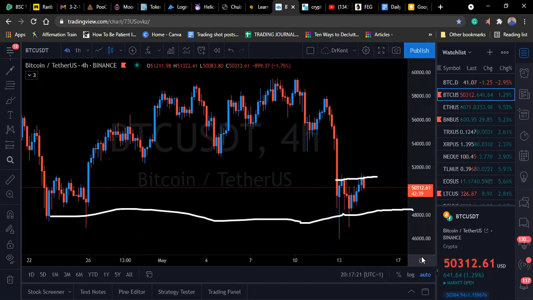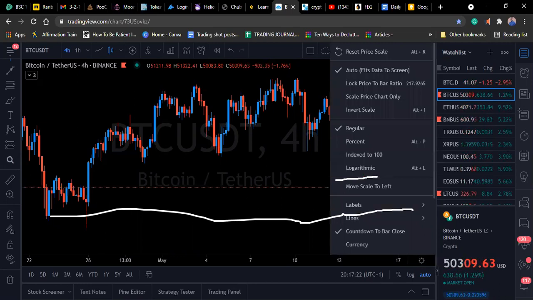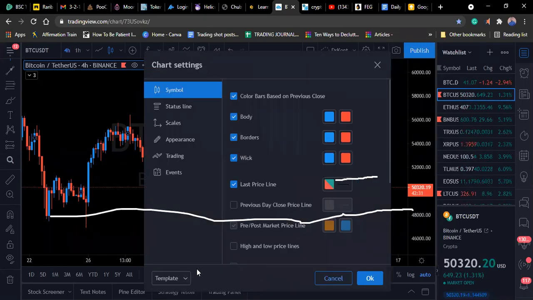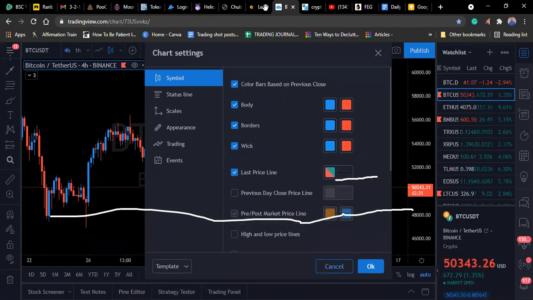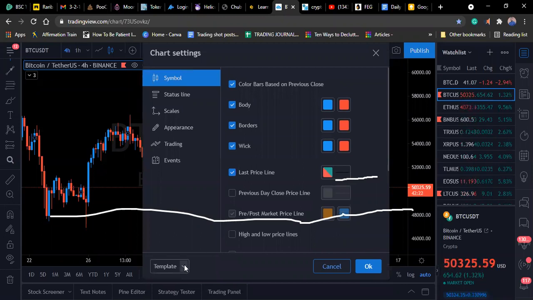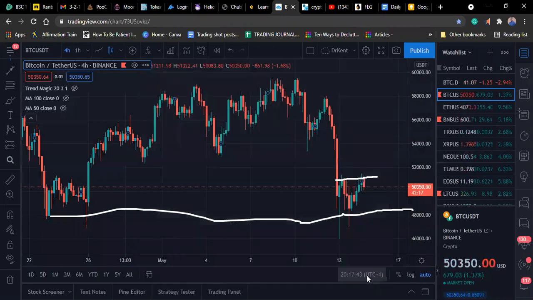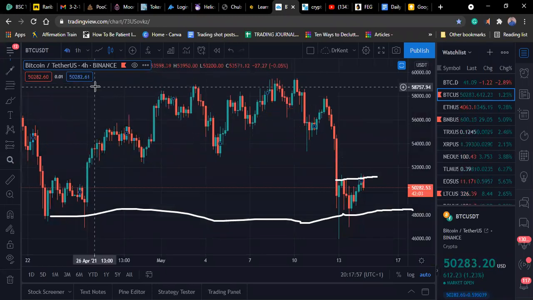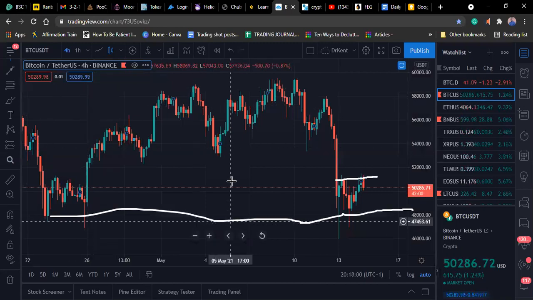When you first log into TradingView, this is what you have. In fact, you won't have any of these indicators, so I can as well delete all of them. This is how your TradingView looks like.